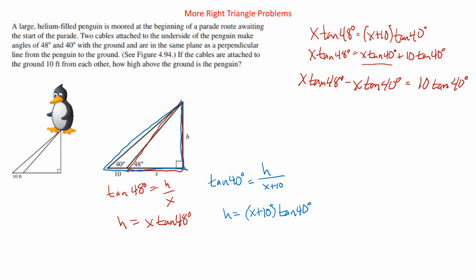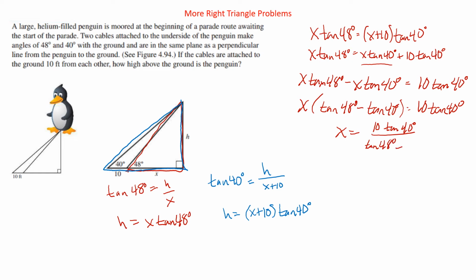We could factor this x out. Tangent 48 degrees minus tangent of 40 degrees equals 10 tangent of 40 degrees. Then we can divide by that whole chunk to get x will equal 10 tangent 40 degrees over tangent 48 degrees minus tangent 40 degrees. And at that point, it's just plug it into the calculator to get x is going to be about 30.9.